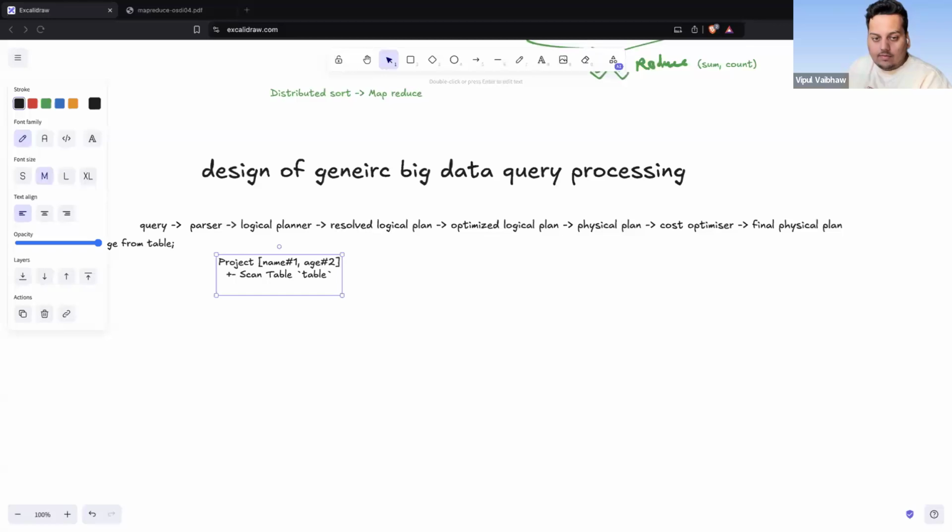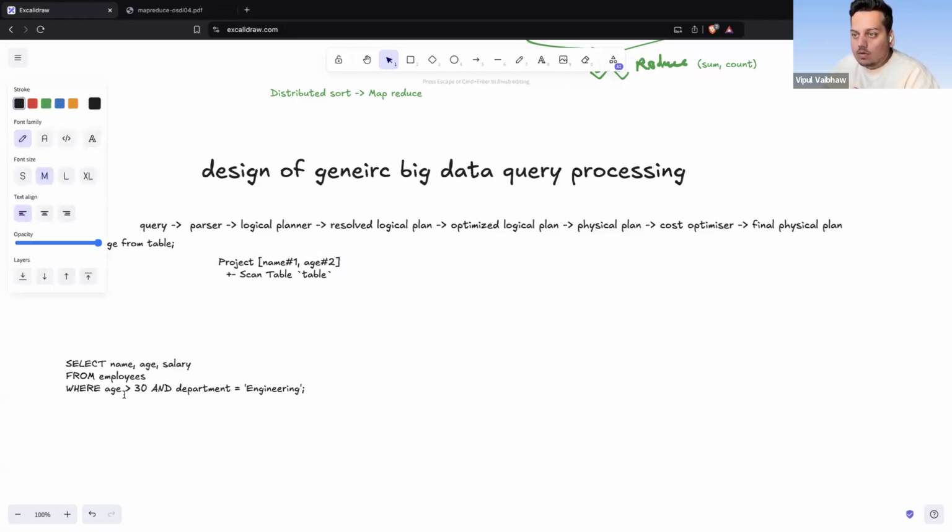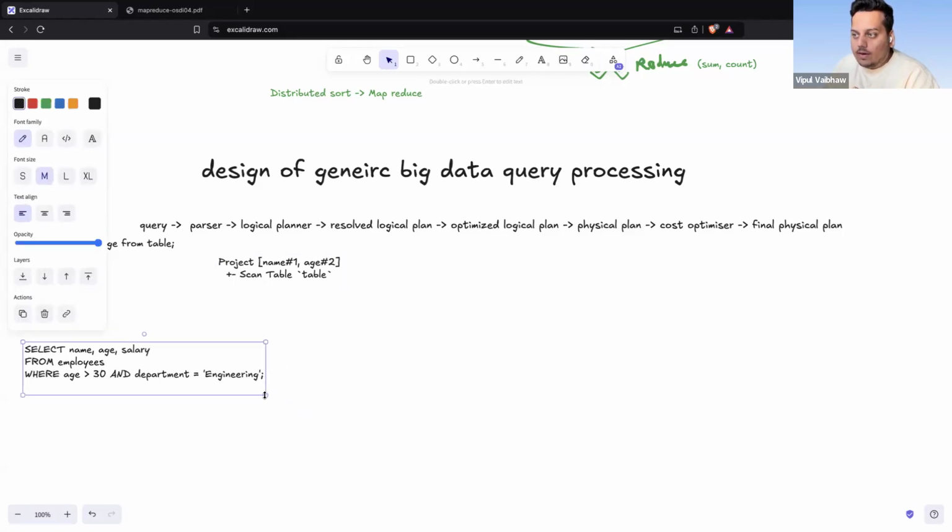I'll also ask it to give another example of a logical plan, with filter push down. This is another example, and its query plan is going to be interesting.